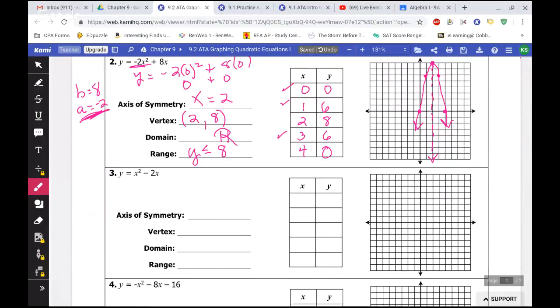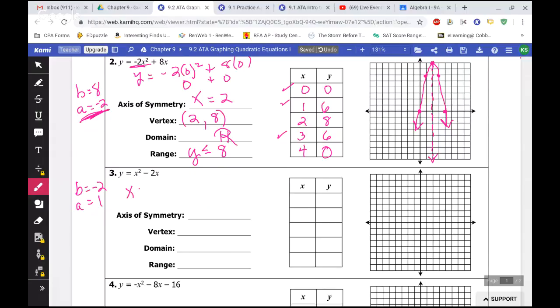All right. The axis of symmetry. What is the B value on this one? -2. Good job. What is the A value? 1.